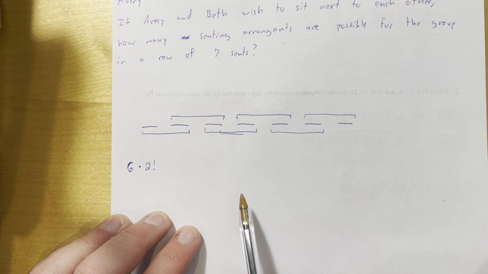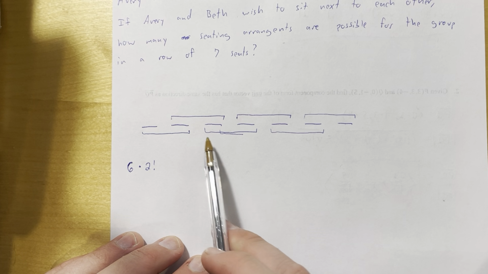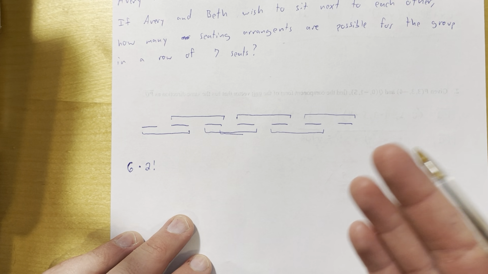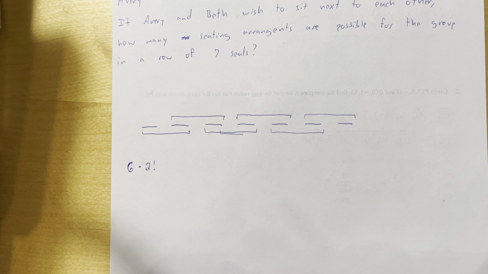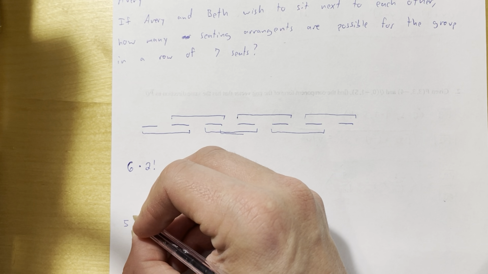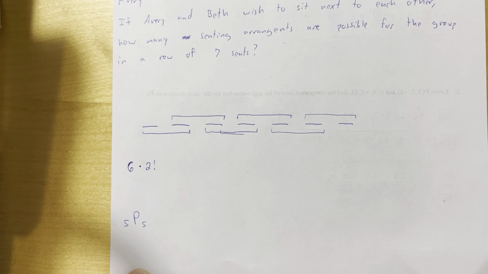Now, in this case, we could frame this in terms of a permutation, but we don't really need to because it's an arrangement of 5 seats, and we know that there's 5 friends. So if you were going to think of it as a permutation, it would be this. I'm going to write it down here: 5P5. We have a total of 5 friends, and we want to look for 5 total arrangements of those friends.